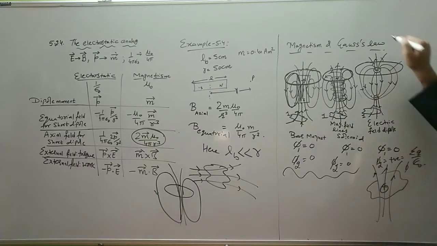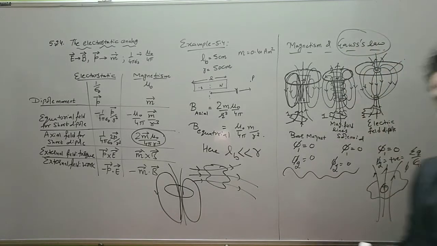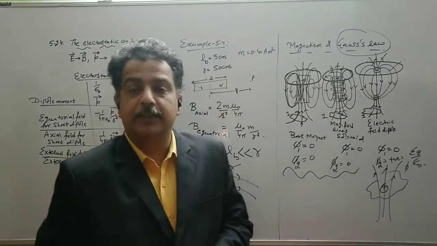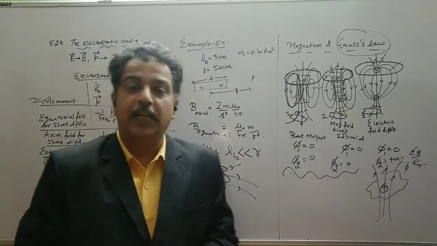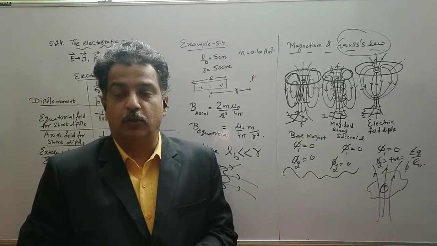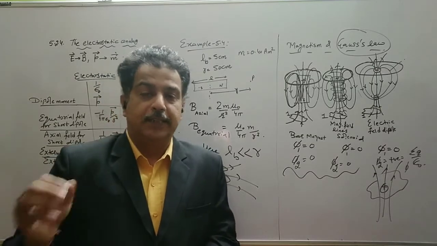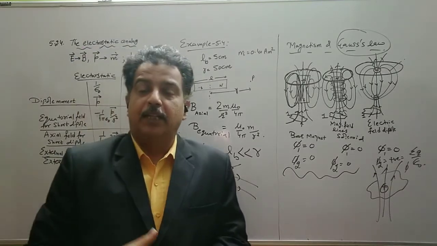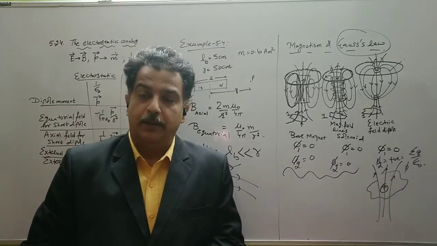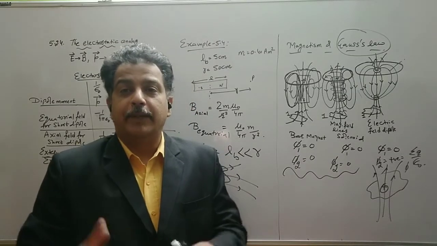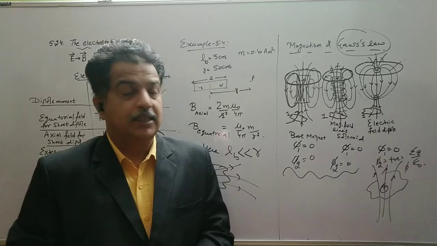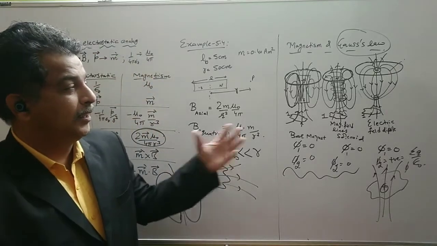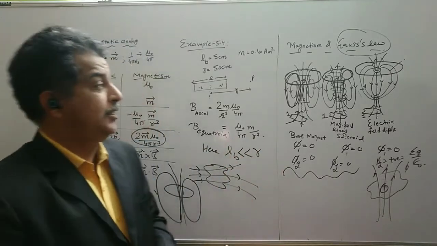So what the Gauss law for magnetism says is that the net magnetic flux associated or linked with a closed surface is always 0. And the reason is the magnetic field lines form a closed loop. Also, the magnetic monopole does not exist. So this also indicates that a magnetic monopole does not exist.